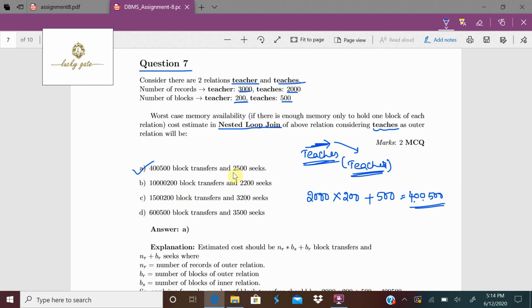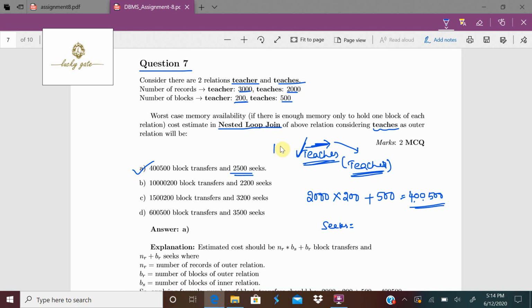And in option A, the number of seeks is also given. Number of seeks means movements. How many movements? It requires a seek for every record of teachers, meaning for every record, it requires one seek.